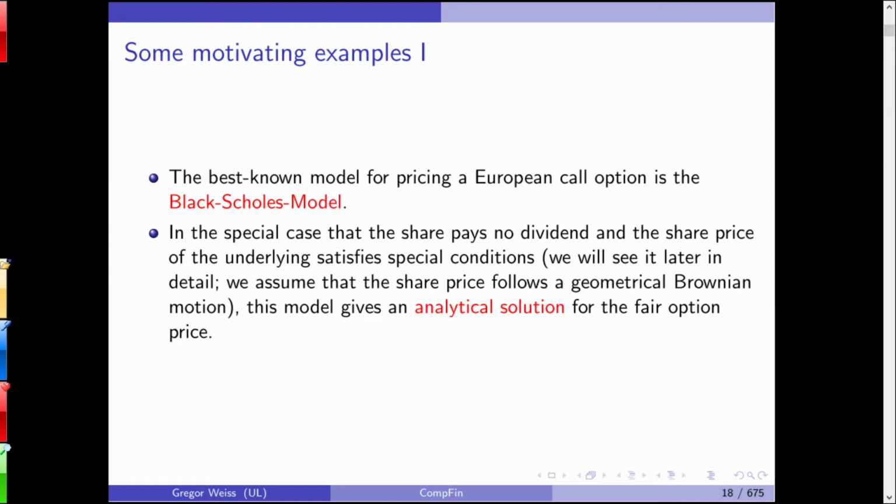An option is the right, but not the obligation, to buy or sell an underlying security. For example, a stock option. The simplest option is a European call option. That is the right, but not the obligation, to buy one stock or 500 stocks or whatever of the underlying security, for example, Daimler stock, at maturity, when the option expires.